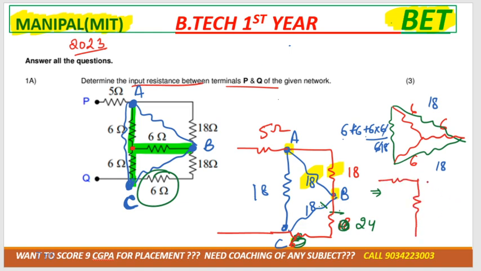So let's redraw it. Then the diagram looks like this. 5 ohm as it is, 18 and 18 in parallel means 9, 18 and 24 in parallel, calculate that and see what comes. 18 parallel 24, then we'll have 18. Now tell me, this 9 ohm and this resistor, are they in series or not?